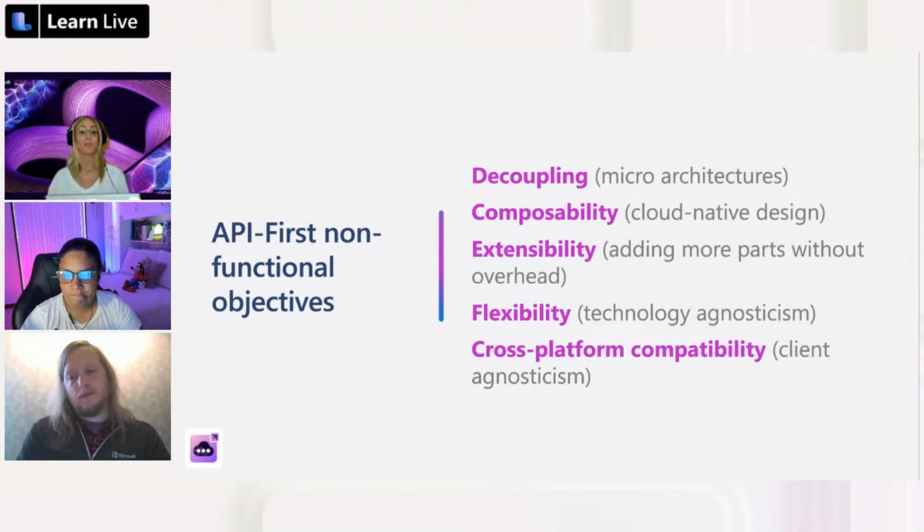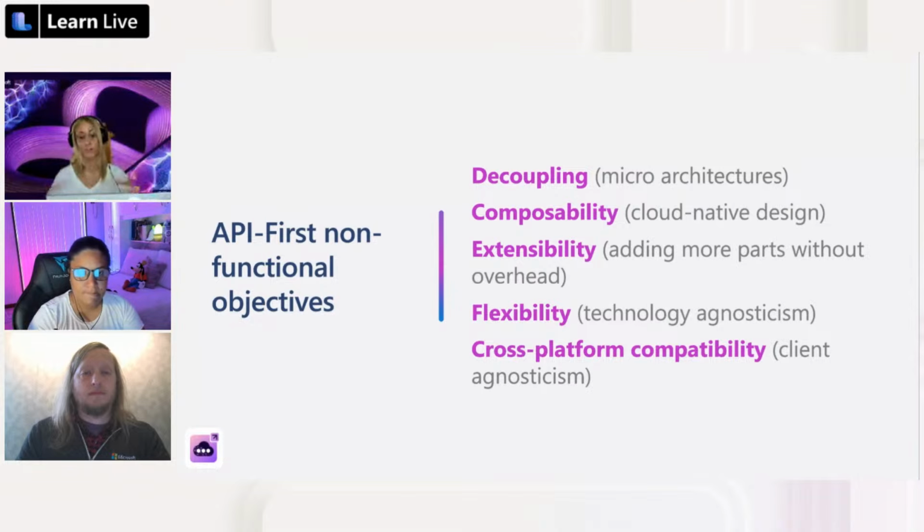What makes it possible to achieve these optimizations is that an API-first approach enables decoupling of the different parts of the application, as we mentioned before, and particularly a separation of concerns between the business logic or the data processing or the data access and the front-end or user interface. And we can then compose it back or put those parts back together in a loosely coupled way.